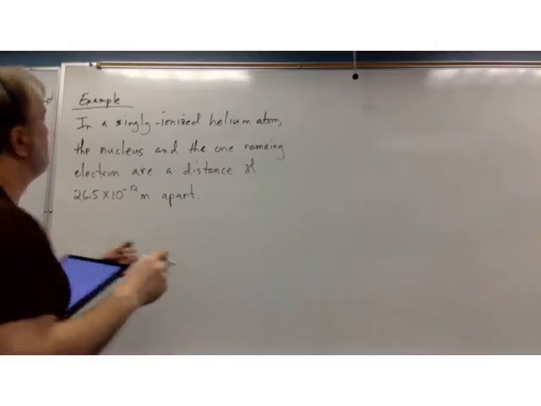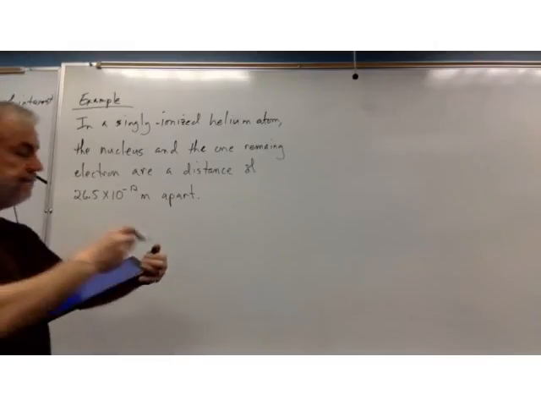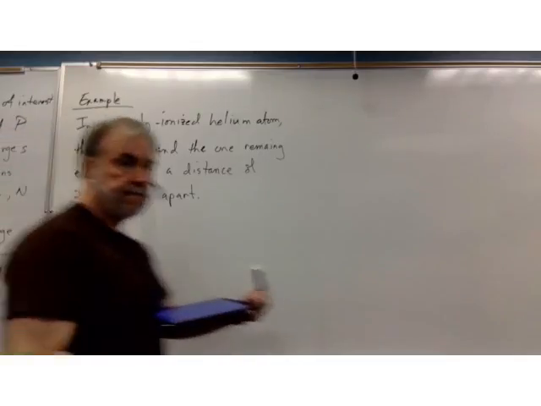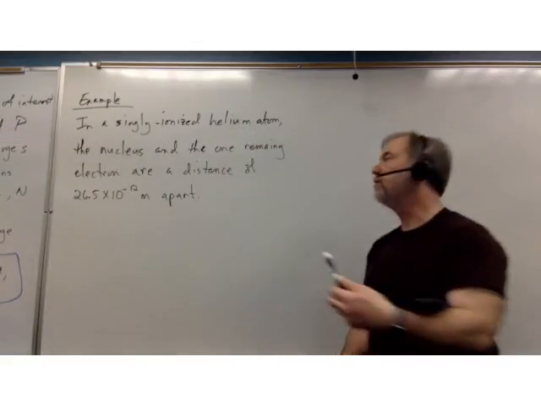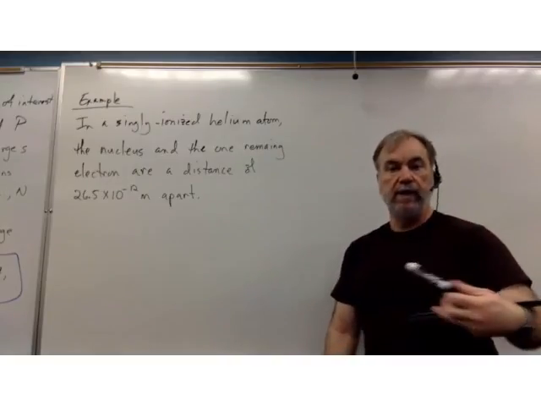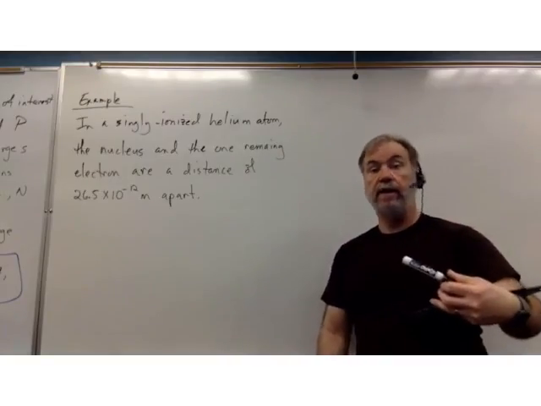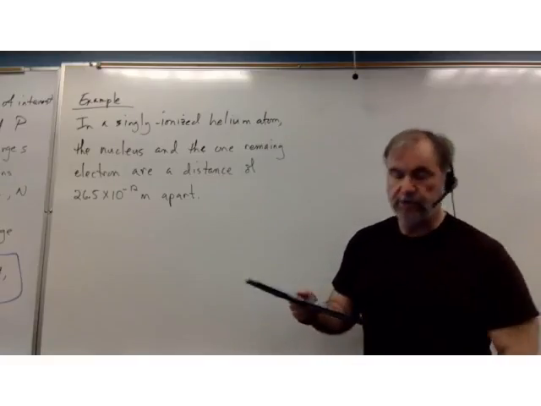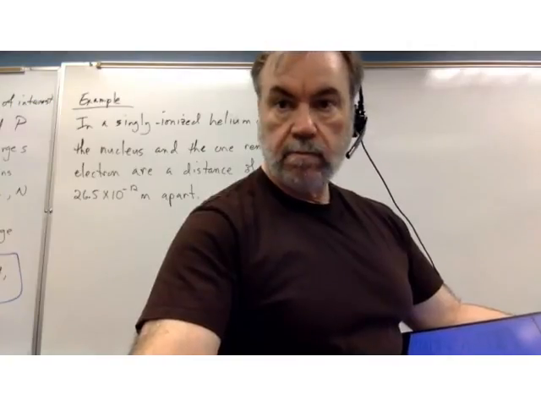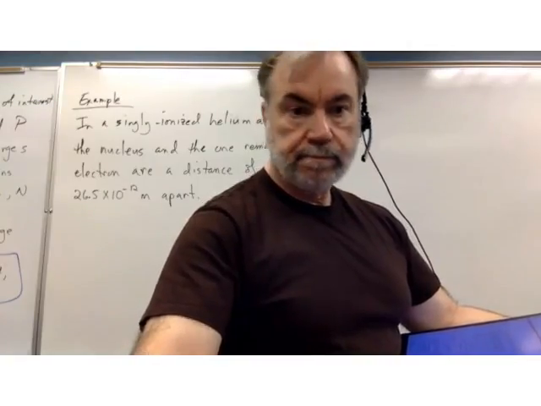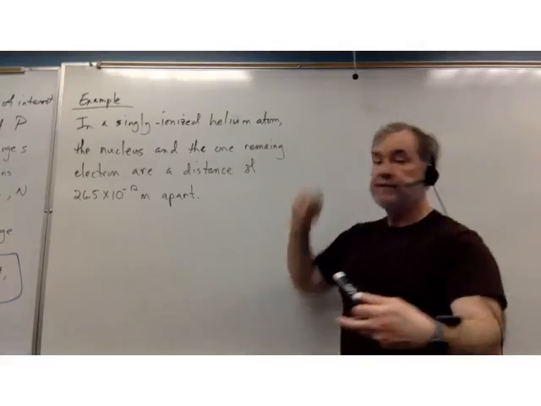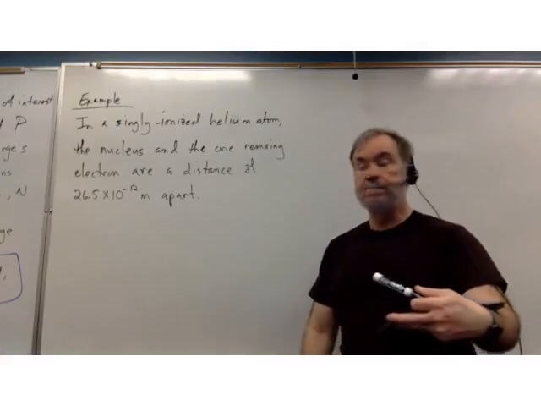All right, so we have a singly ionized helium atom. Presumptively, you've had some chemistry somewhere which tells you what a helium atom is, what singly ionized means, but just briefly, helium is the second element on the chart.